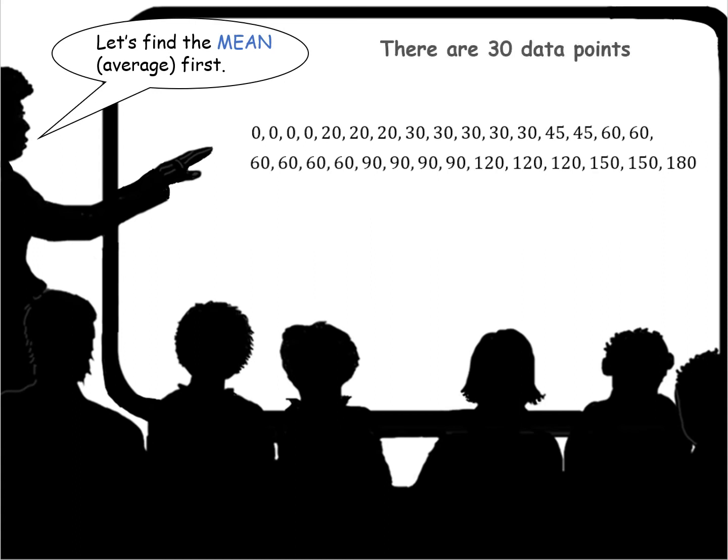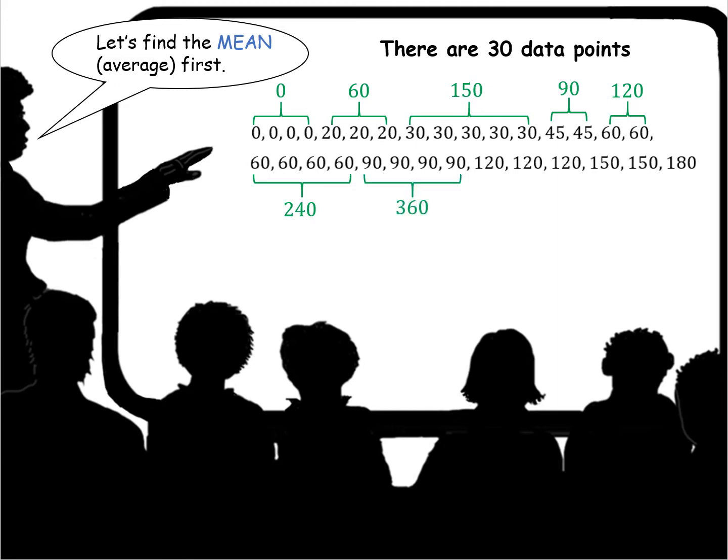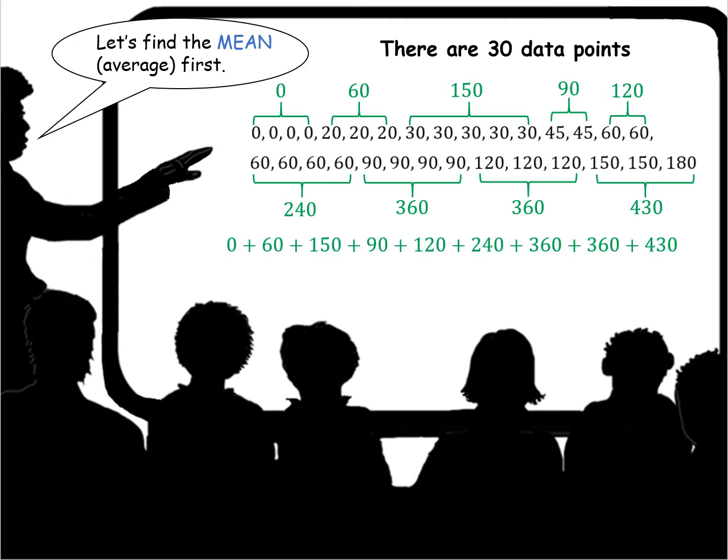Let's find the mean, or the average. There are 30 data points, and so we're going to add them all up. What I do is I group them so I can try to add them in my head or add them faster. And then I'll write the equation adding all those together.